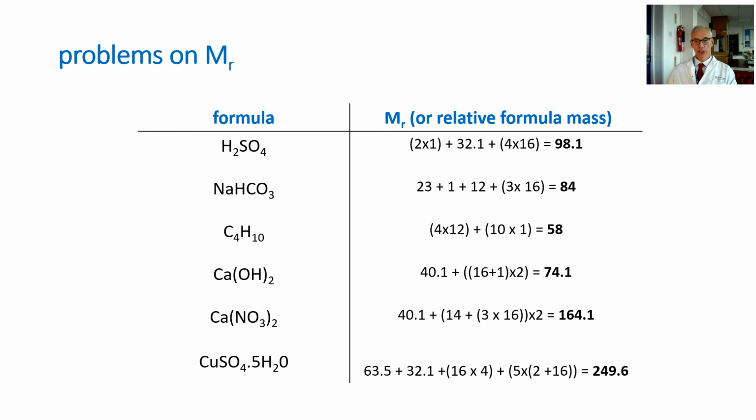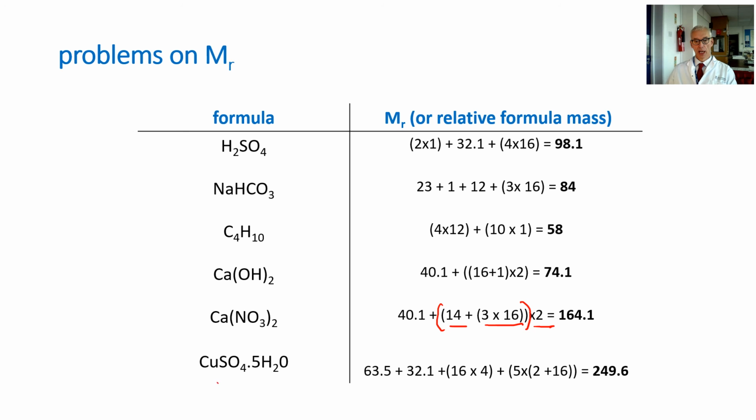So the calcium nitrate, we've got 1 calcium, but we've got 2 times everything inside the bracket. So inside the bracket is 1 nitrogen and 3 oxygens, and multiply that all by 2 comes to 164.1.